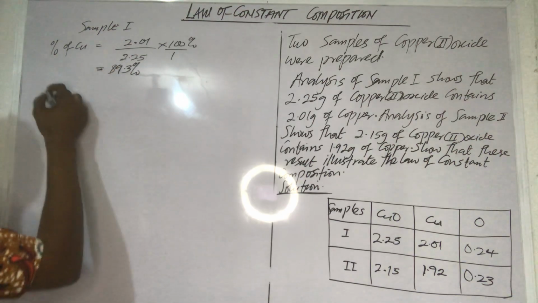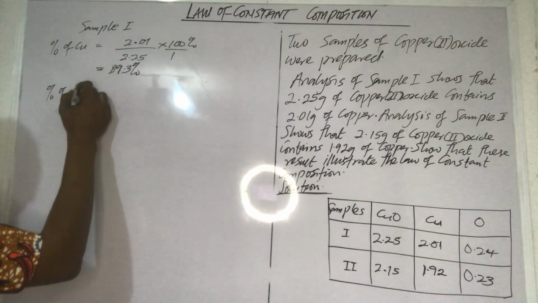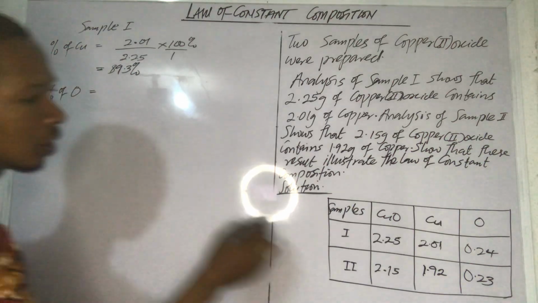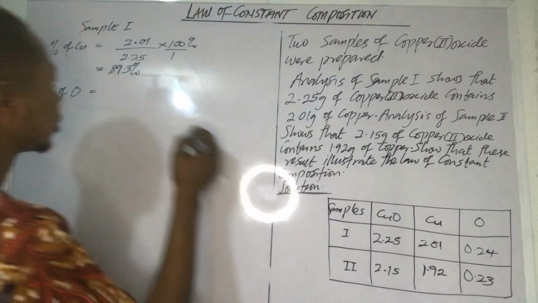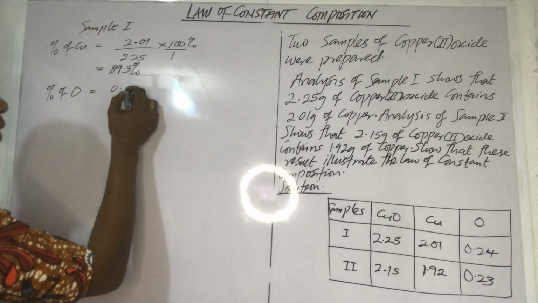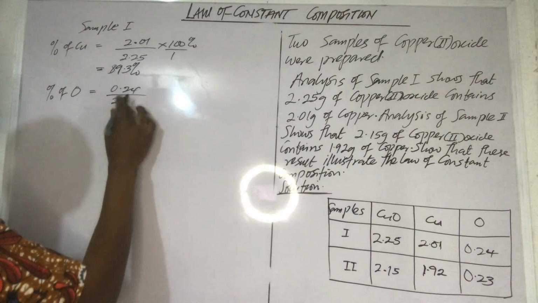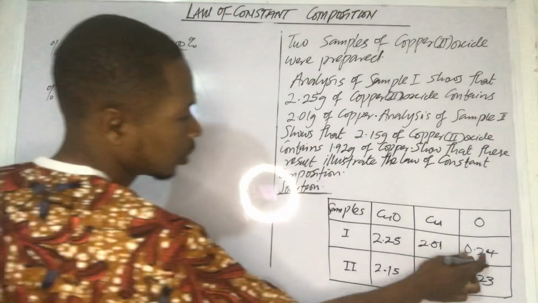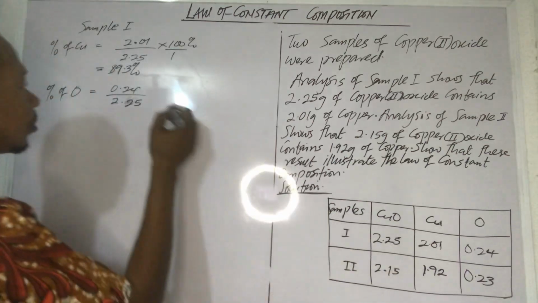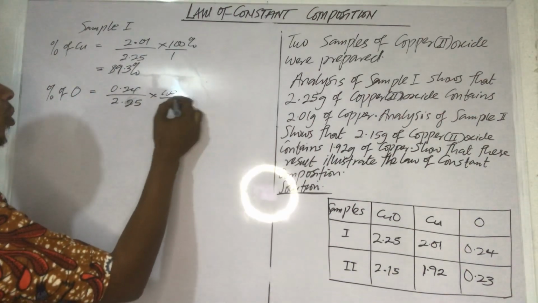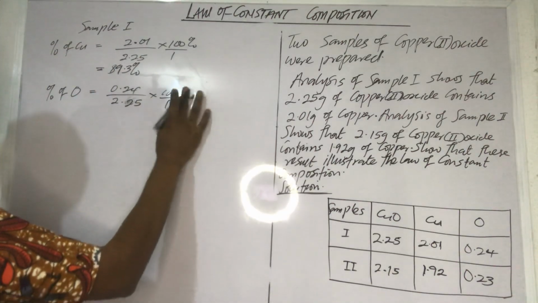89.3%. Percentage of oxygen still in sample 1 is this one, 0.24 over 2.25. 0.24 over the total mass times 100 over 1 as a percentage.